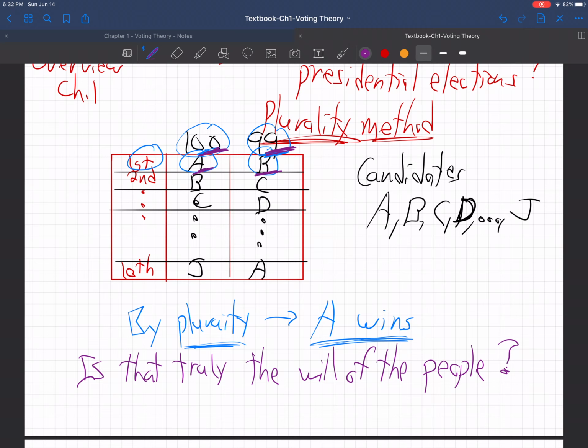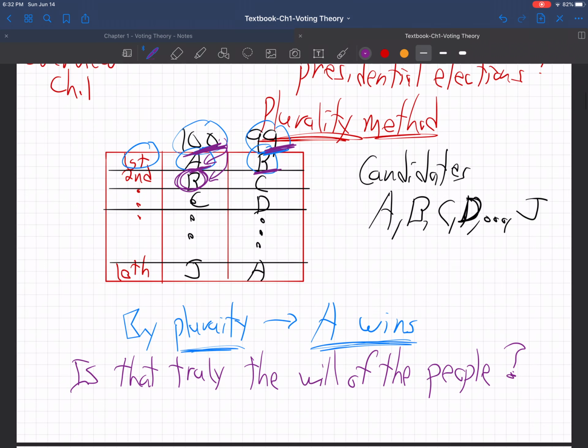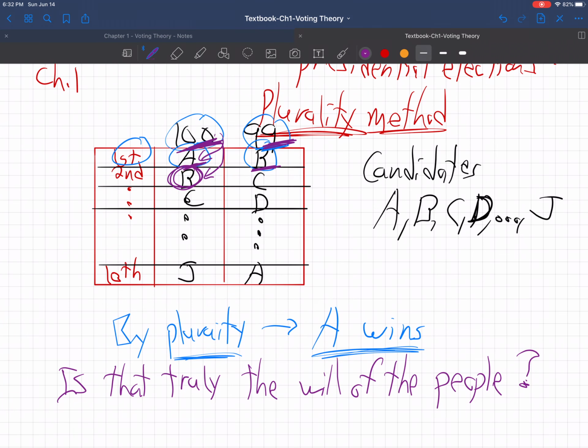Now, how did these 100 people that voted for A feel about B? Well, they had B second. So they had A first and then B. Out of 10 candidates, they liked B a lot, just not quite as much as A. How about the 99 people? They had B first and A dead last. So notice these 99 people can't stand A. He's their least favorite candidate.